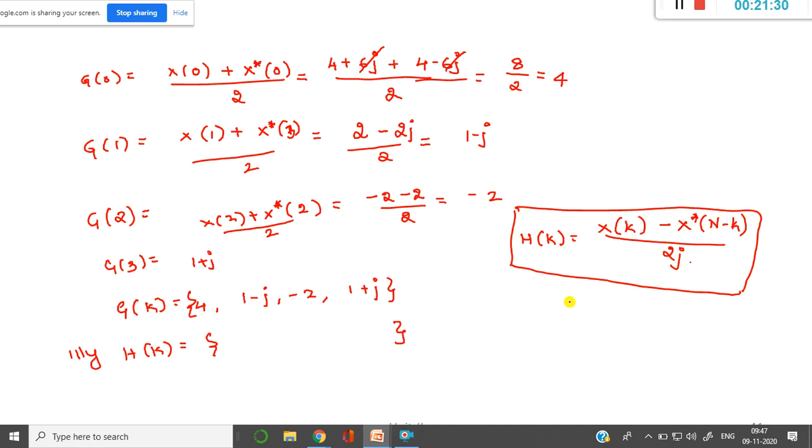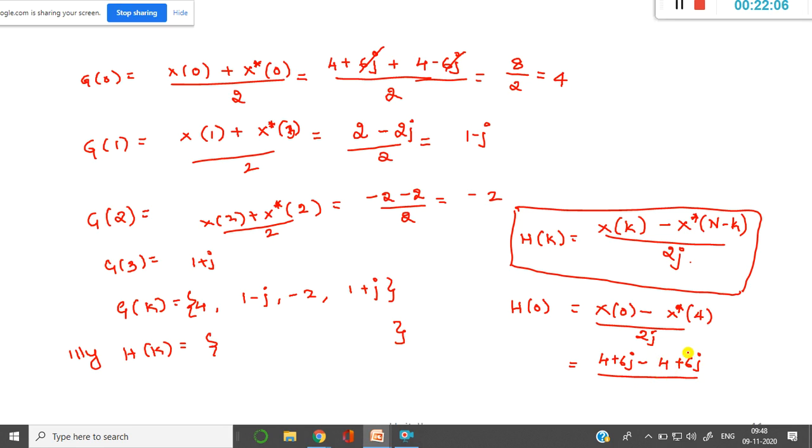So if you use this, let me calculate the first value, and then later on you calculate the rest of the values. X conjugate of 4 minus k remains 4, divided by 2j. So therefore, x of 0 value is 4 plus 6j minus its conjugate, that is 4 minus 6j, divided by 2j.